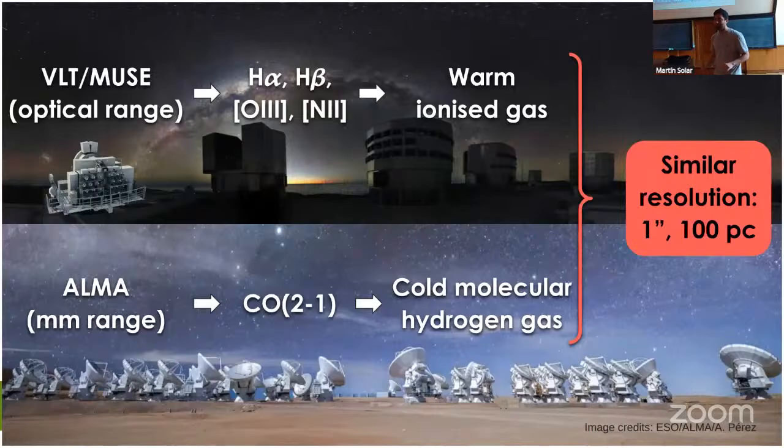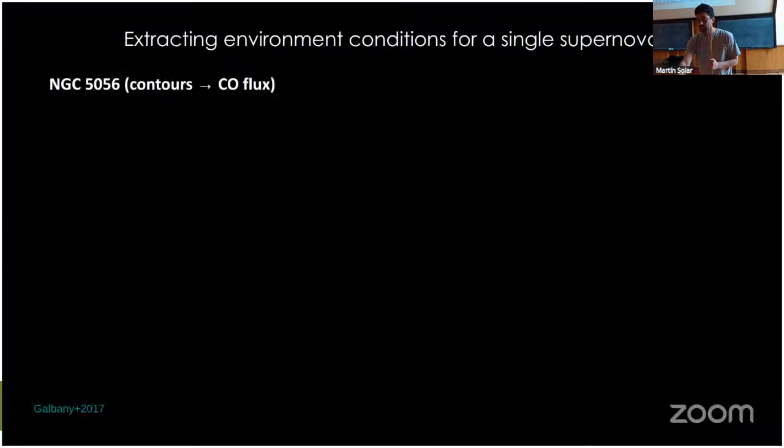And the only technical thing that I'm going to say is that they can reach similar resolution, 1.7 arcseconds. With this resolution in the local universe, it's possible to constrain the giant molecular cloud sizes, or H2 regions.